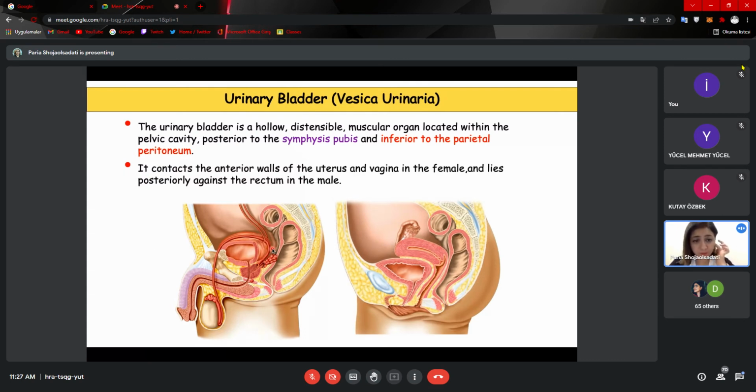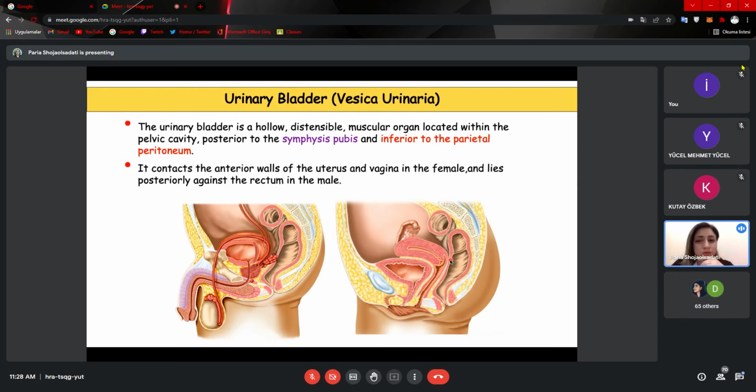It's only seen in the males, but in the female we can see two pouches. The anterior one is named the vesicouterine pouch, and the dorsal pouch of the peritoneum, located between the rectum and uterus, is named the rectouterine pouch. I will explain it again in female genital organs, and the specific name of this pouch is the Douglas pouch.